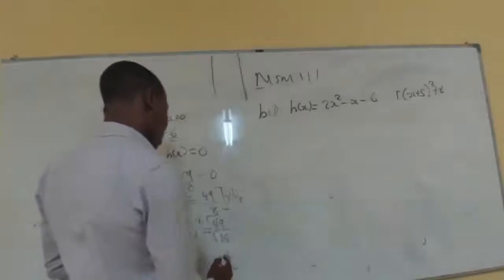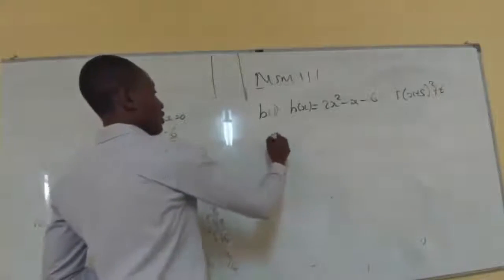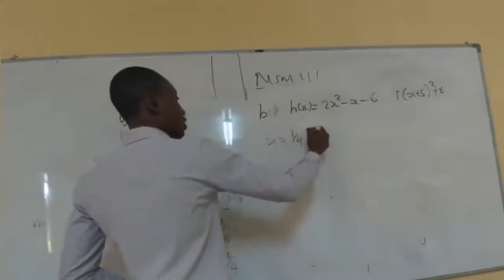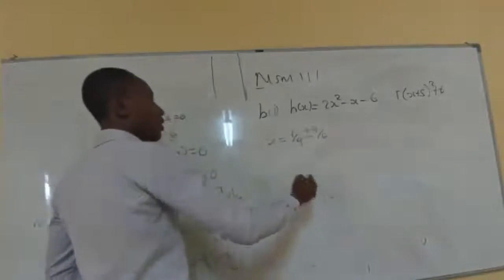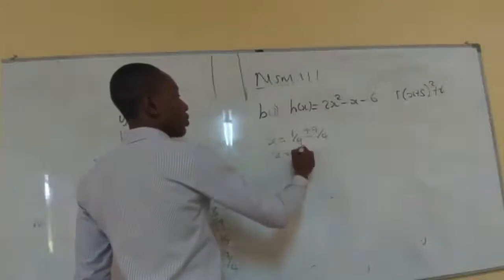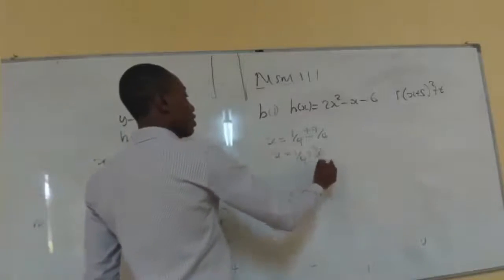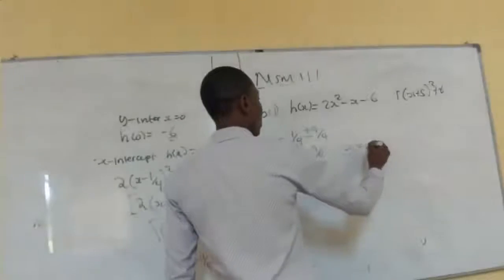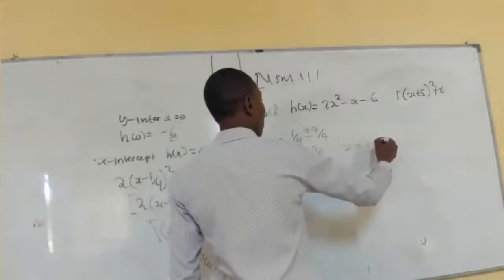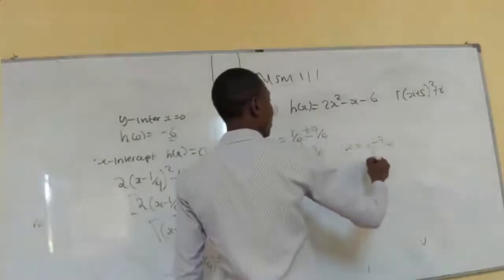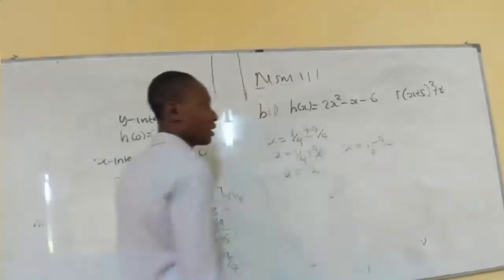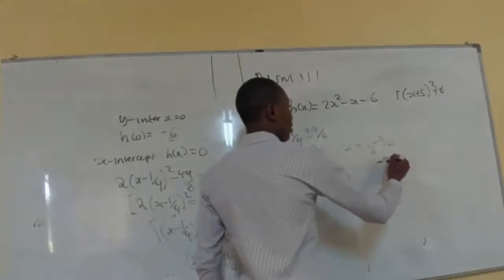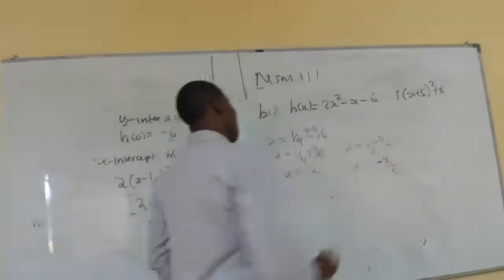So now we have plus or minus. So we have x is equal to 1 over 4 plus or minus 7 over 4. Then we have x is equal to 1 over 4 plus 7 over 4, which is 8 over 4, which is 2. Then we have x is equal to 1 over 4 minus 7 over 4, which is actually negative 6 over 4, which ends up being negative 3 over 2. Okay, so these are the two intercepts.